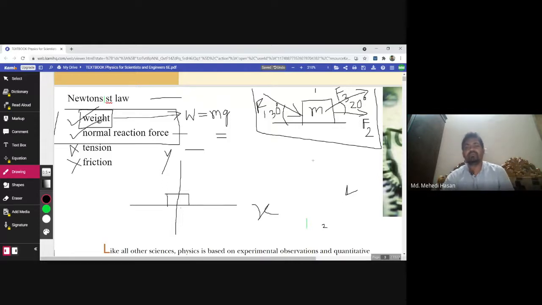That means five forces are acting: weight, normal reaction force, F1, F2 and F3. So these five forces are acting on that M object.